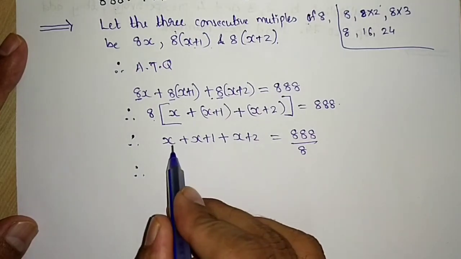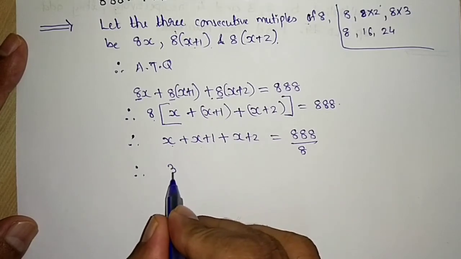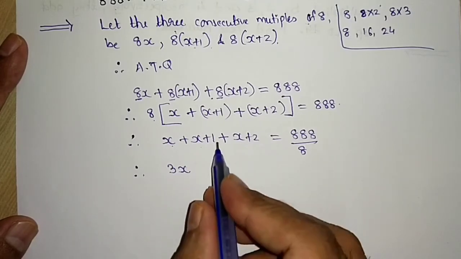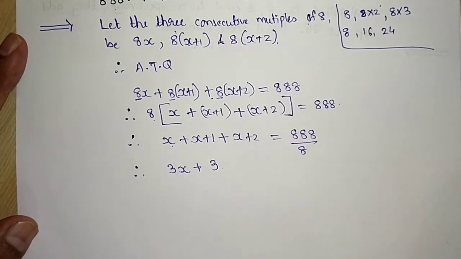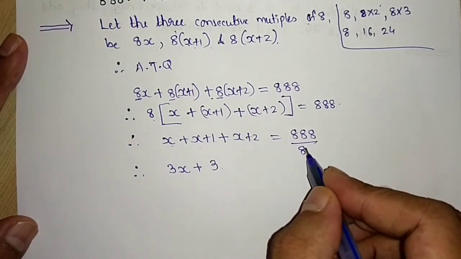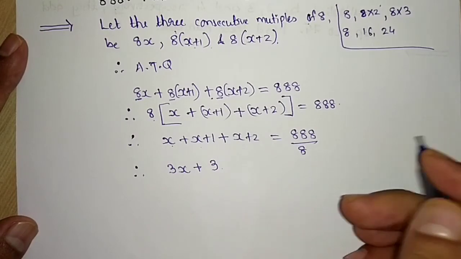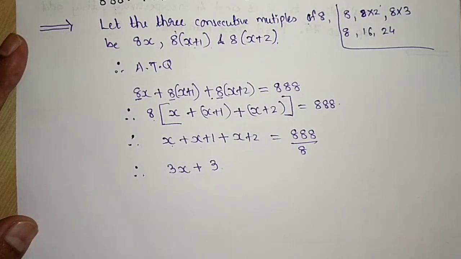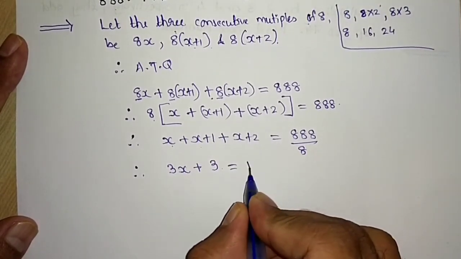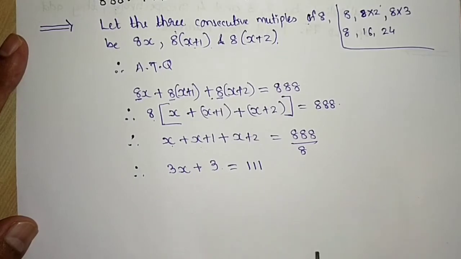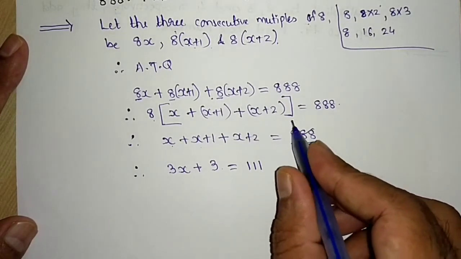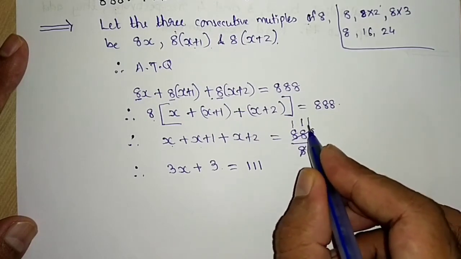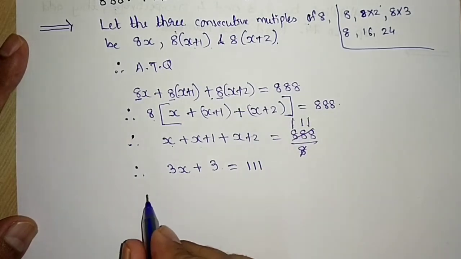Therefore, x plus x plus x will give me 3x, and plus 3. Now, if I divide 888 by 8, I will get 111, because 8 ones are 8, 8 ones are 8, 8 ones are 8.